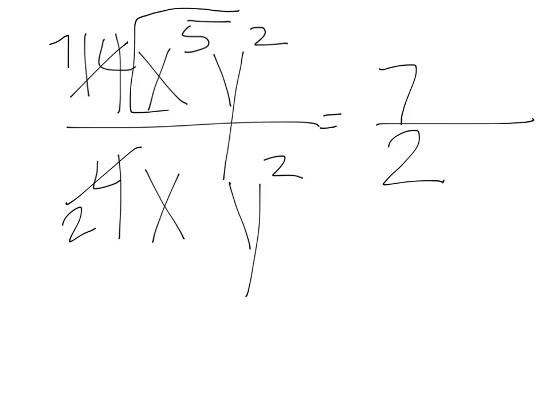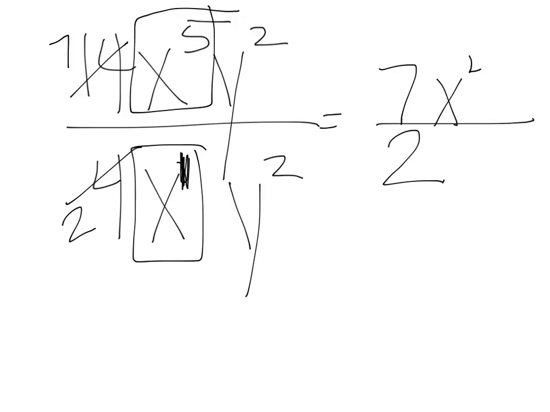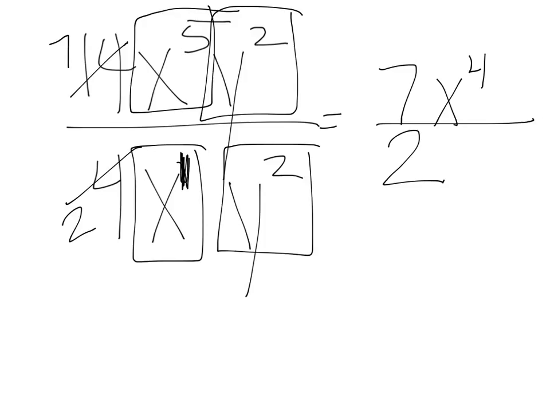Now, what is x to the 5th divided by x? Okay, now be careful. Is there an exponent on this x? Yes, there is. It's a 1. x to the 5th divided by x to the 1st is x to the 4th, isn't it? And what happens right here? I've got y squared over y squared.